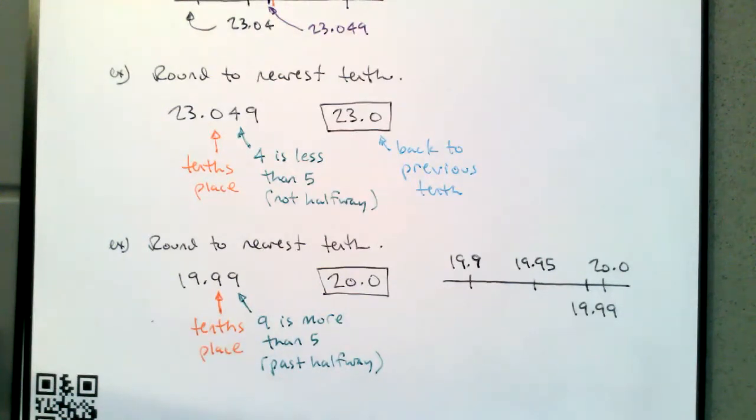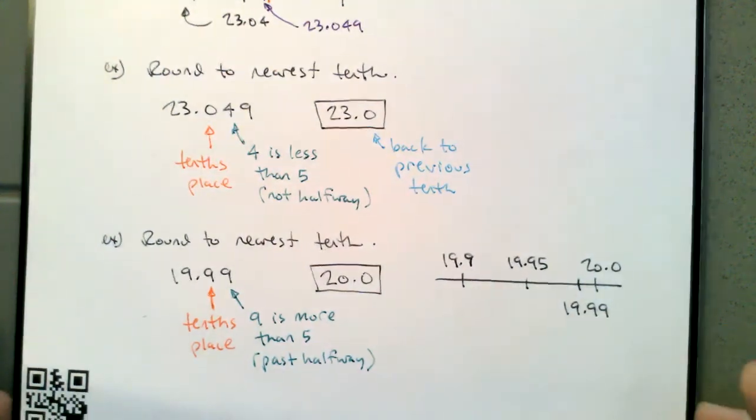So one of the ways that I'll ask you to round your answers is I will just specify the decimal place that I want. Round to the nearest tenth, round to the nearest hundredth, round to the nearest unit, that's the ones place. There is another way that we could round things.